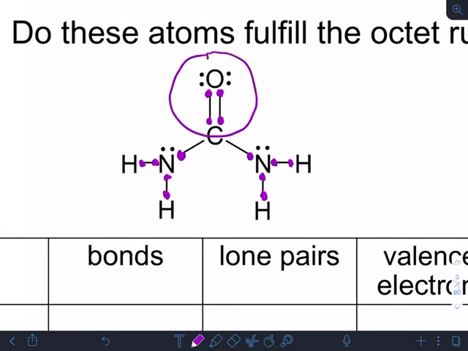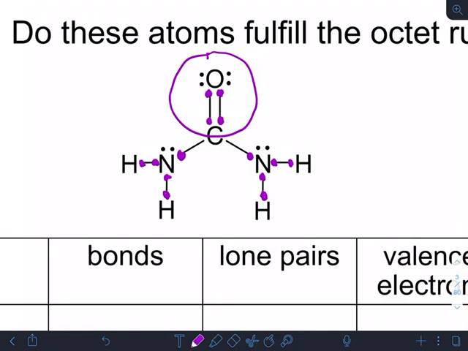If I want to focus on one particular atom, everything that oxygen has and is connected to, it has access to. So right now, that oxygen has 1, 2, 3, 4, 5, 6, 7, 8 dots around it that it has access to.